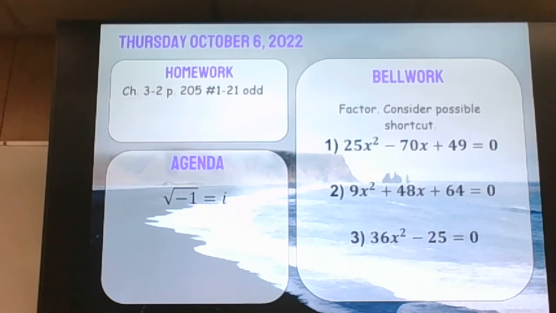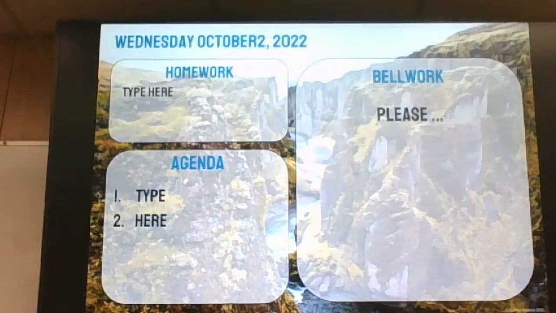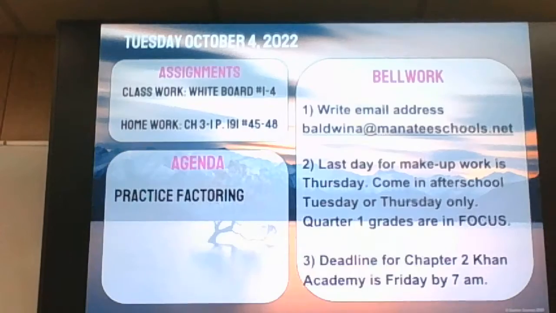Alright, so the A times C method would mean that we need to do 25 times 49. That's 1,225. No, that's a big number.